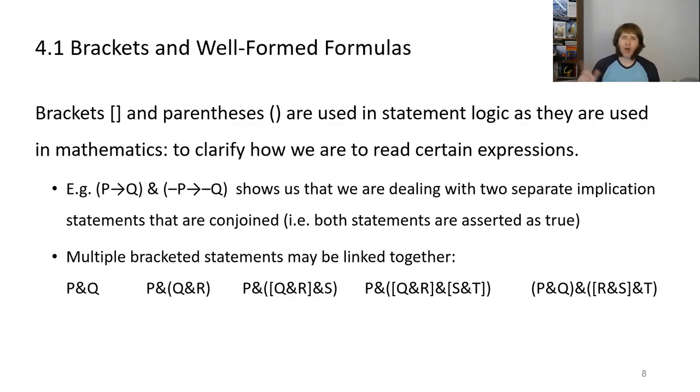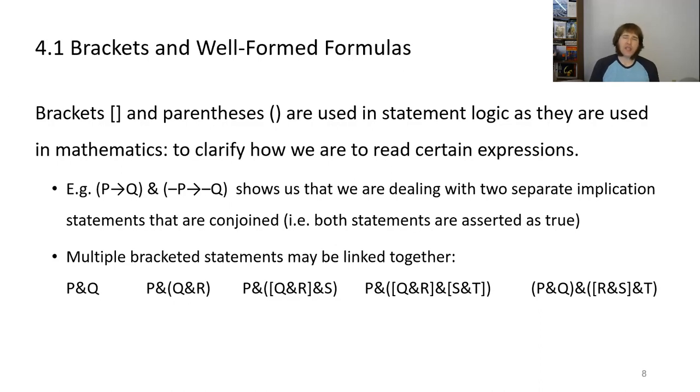So if you look at the far right one, P and Q is one conjunction on its own. Then we have R and S as a conjunction embedded within R and S and T on the other side. So ultimately, the truth conditions here are going to be the same for the far right one as for the one just before it, because they're both telling us that P is true and Q is true and R is true and S is true and T is true.